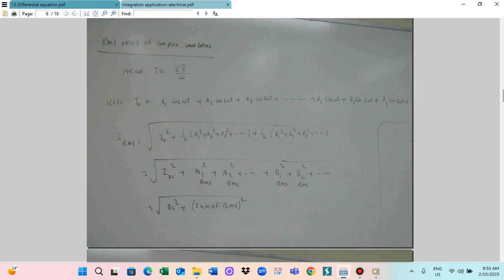So the electrical waveform, which is composed of all the harmonics, can be written in this equation.